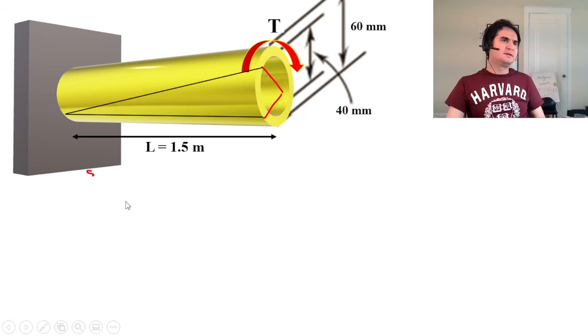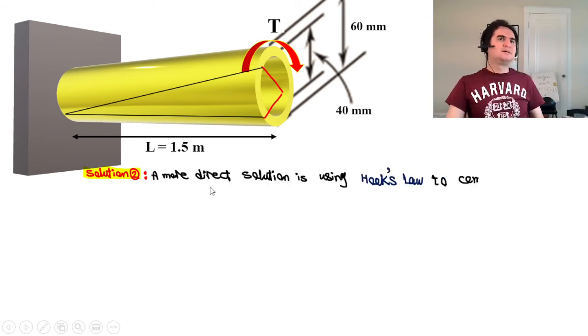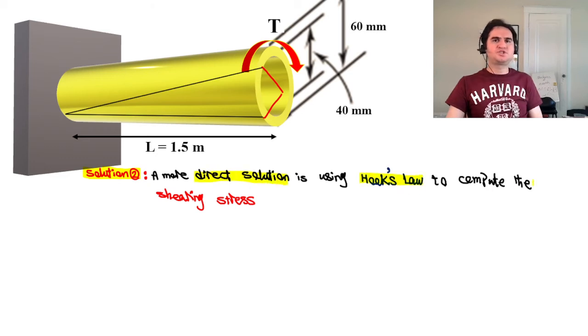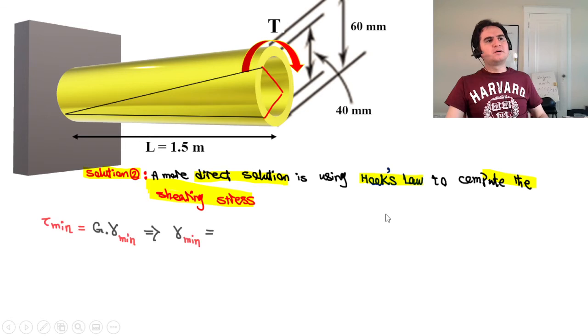If we want to solve this problem with an easier approach, we can do that. I call that solution 2, which is a more direct solution to the problem. How is that? A more direct solution comes from Hooke's law in shear to compute the shearing stress. Hooke's law in shear is tau equals G times gamma.